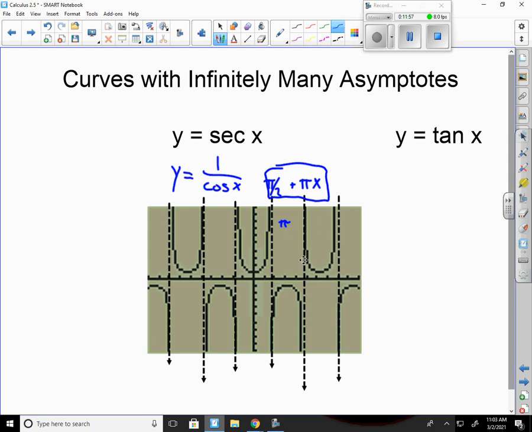That's my next asymptote. If I add pi again to 3 pi over 2, it gives me 5 pi over 2. That's my next asymptote. Same thing here, looking at the negative. Negative pi over 2, negative 3 pi over 2, negative 5 pi over 2.